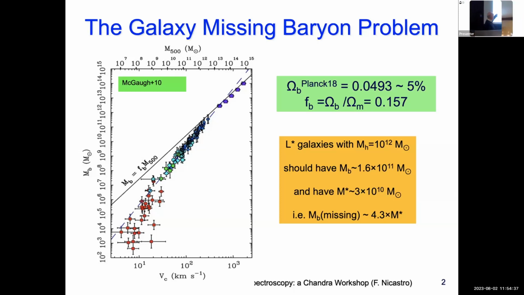But all galaxies from the Milky Way down to dwarfs miss a very significant fraction of their mass, and the problem becomes more and more serious when you go to the low mass tail of this distribution. But this has been shown already.